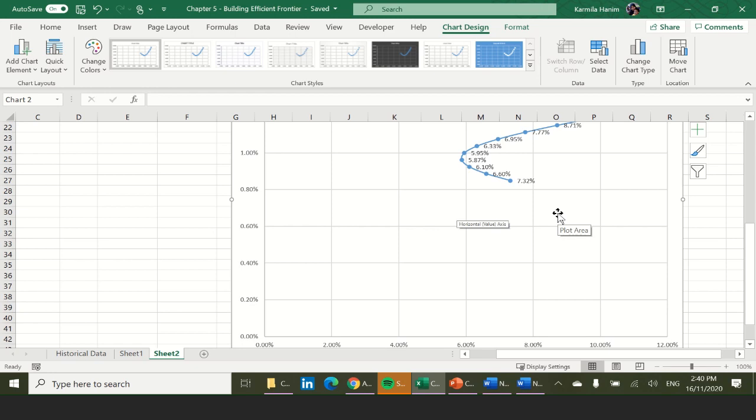So now, what will be the best way to select? Okay, one of the ways that you can do is to determine the risk-adjusted return, or commonly known as Sharpe ratio, for each of the portfolios, and then you compare between them.